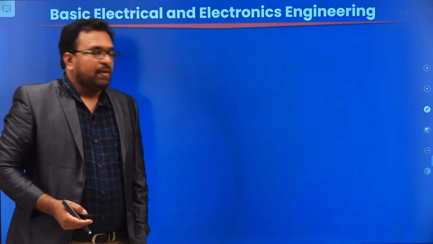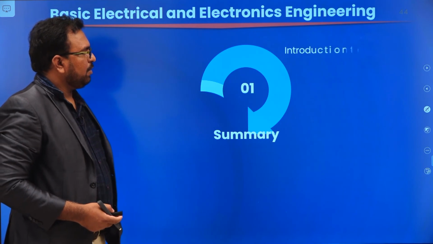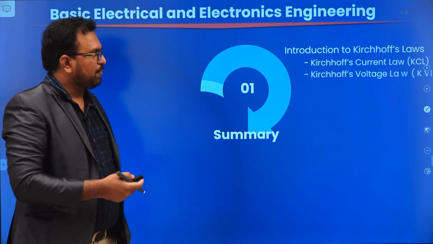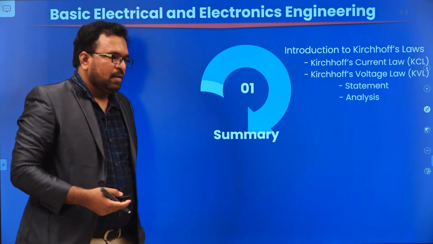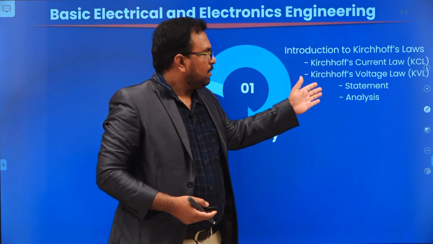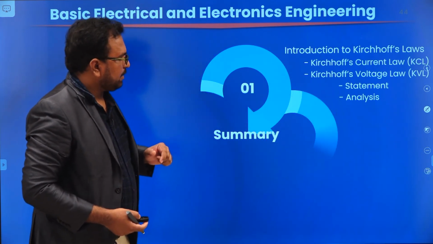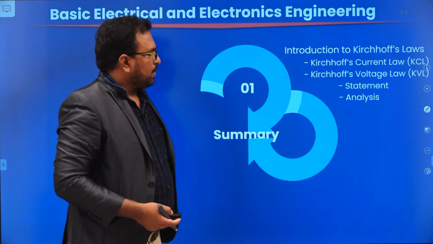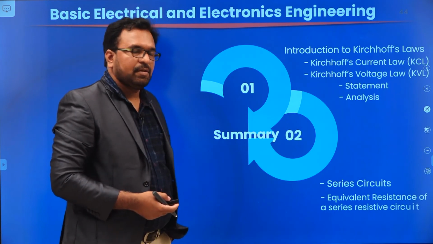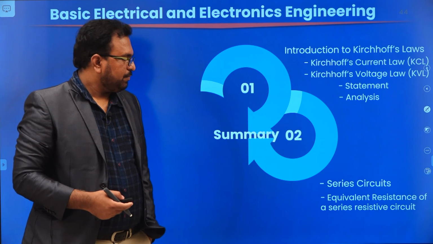So let us summarize what we have discussed today. First, we discussed Kirchhoff's current law as well as Kirchhoff's voltage law. In the first topic, we stated each law and analyzed each law using a simple electrical circuit. Second, we studied series circuits, the important characteristics of series circuits, and calculated the equivalent resistance of a series resistive circuit.